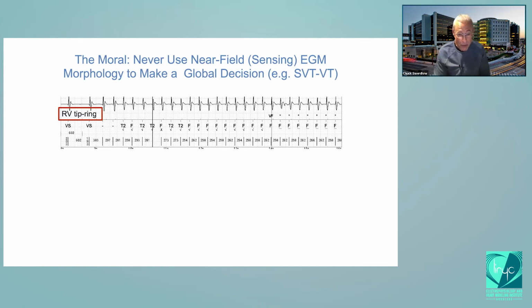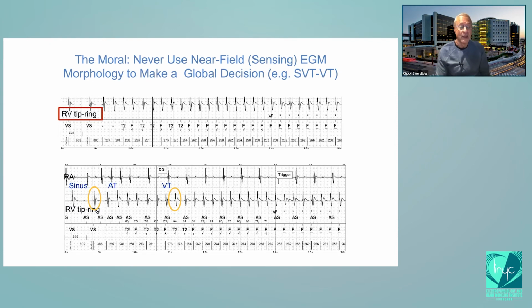And so we can't really say anything about morphology from a single chamber, from a local electrogram, as opposed to the shock channel. Here, for example, is the actual recording from the dual chamber defibrillator. And to make this point, here's sinus rhythm. Here are a few beats of atrial tachycardia, right?